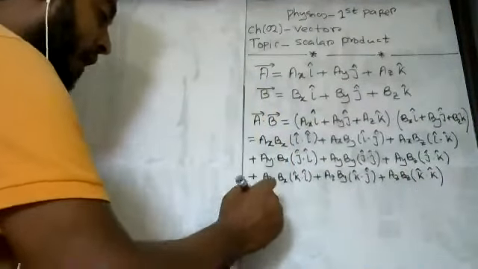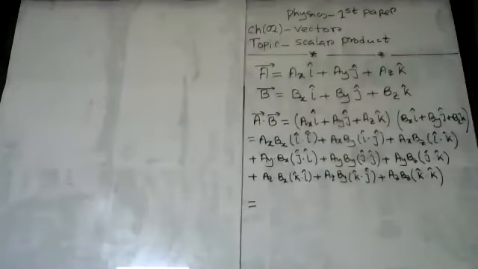Now in the case of the dot product, my dear student, the product of two dissimilar unit vectors will equal 0, but the product of two similar unit vectors will equal 1.